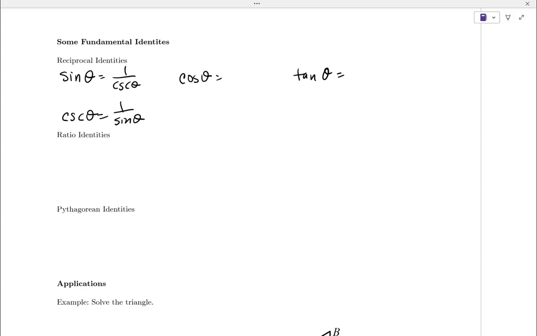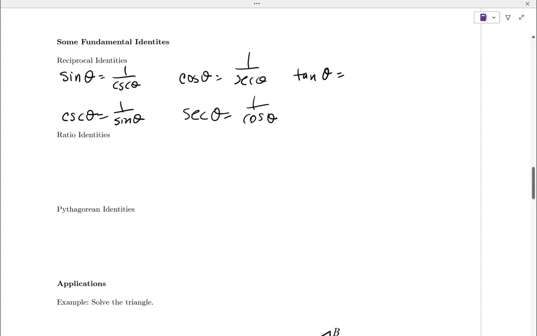This is what I meant by as long as I don't have any issues plugging the number in, by the way. Notice that when I start doing reciprocals, I can divide by something that's 0. We haven't seen that yet, but we can. So I don't worry about it if it's undefined. I'm only worried about when it's defined. Reciprocal of cosine is secant. So again, that gives me a couple of other reciprocal identities.